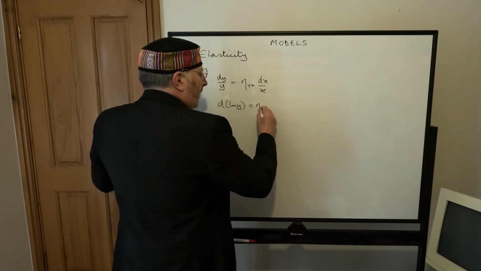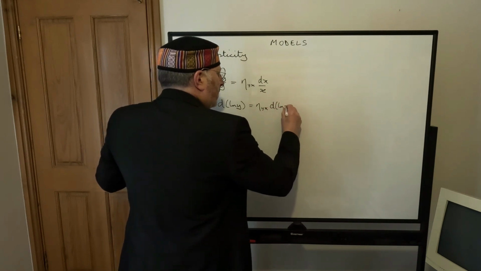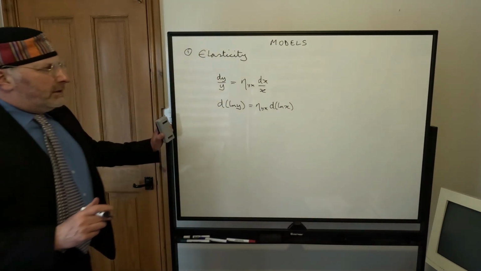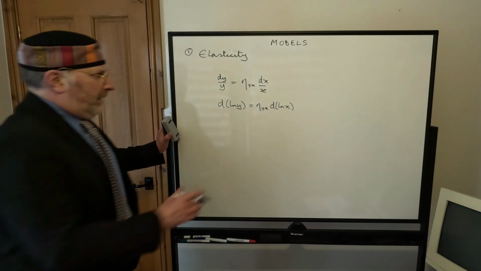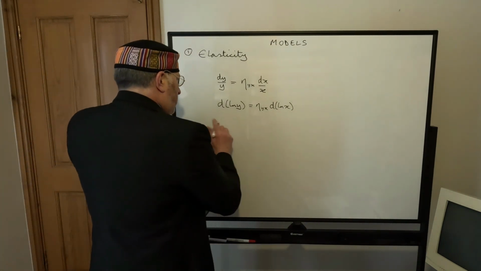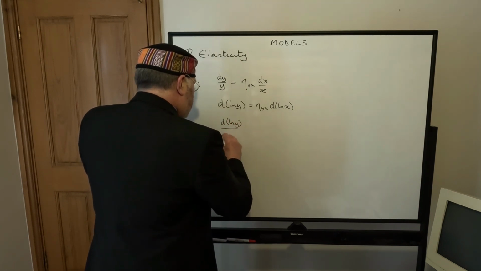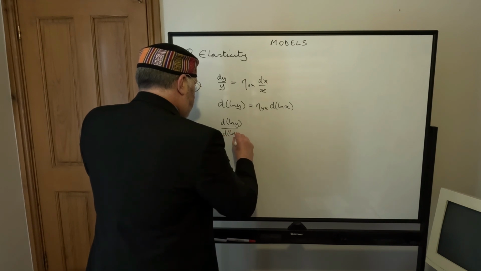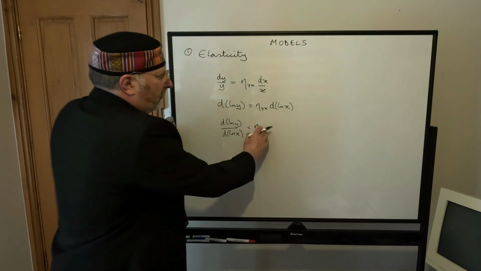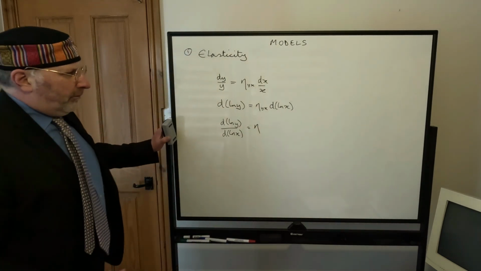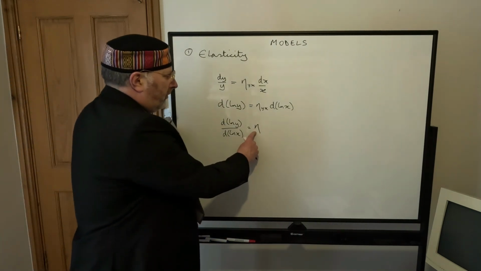So we could write this as d of log y equals eta yx d of log x. And then we can take this down onto the other side. So we've got d of log y by d of log x equals eta yx, but I'll just drop the subscripts for now. And here eta is just a constant.